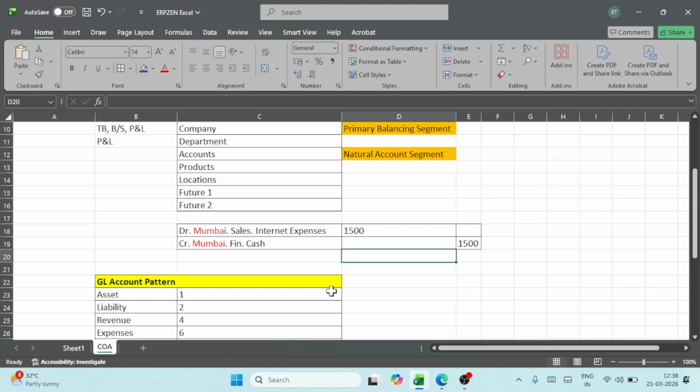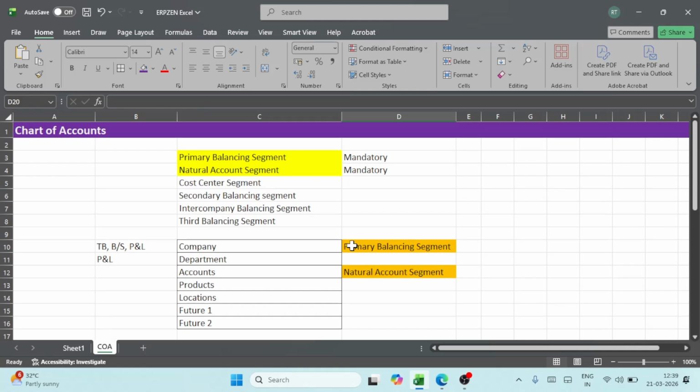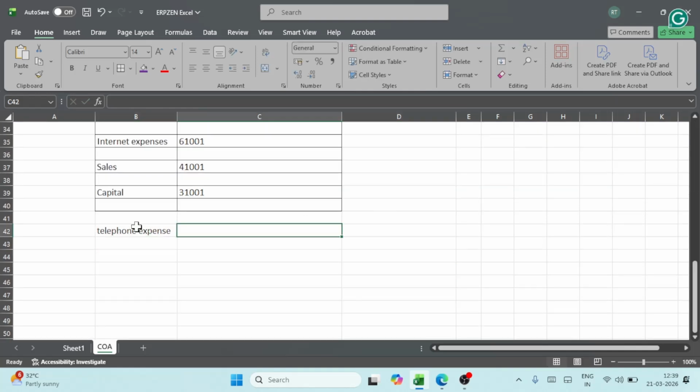For example, when we define telephone expense, the system will ask us to tag whether it is expense, liability, what is this? So we will tag this as an expense.